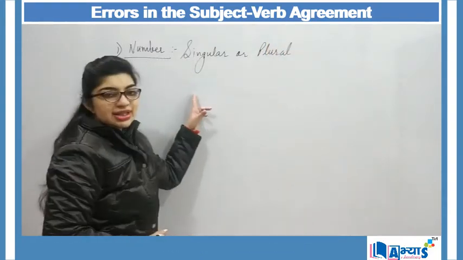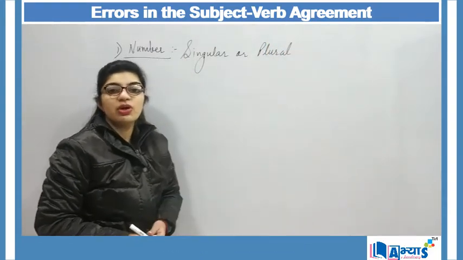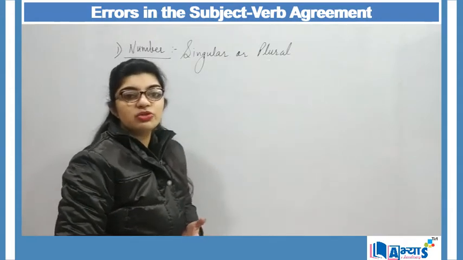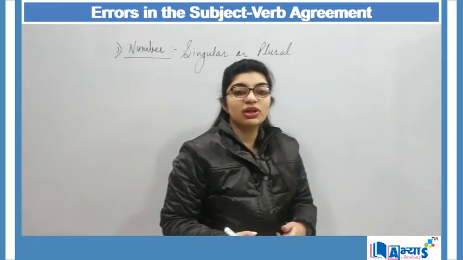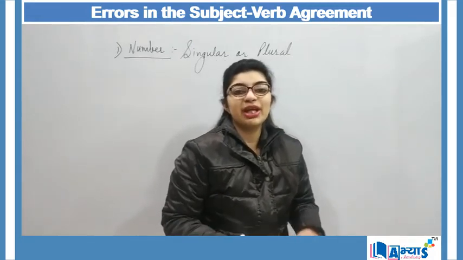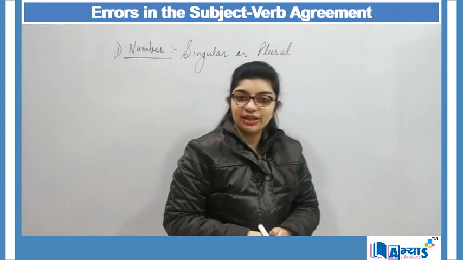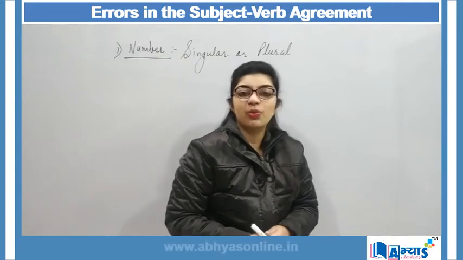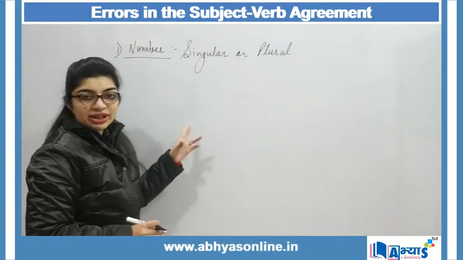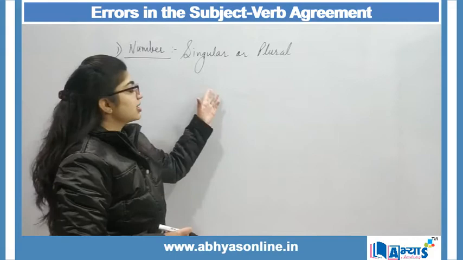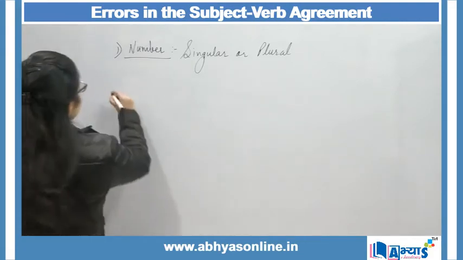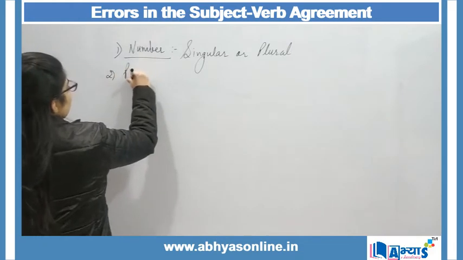If my subject is singular, then the verb used will also be singular, and if my subject is plural, then the verb used will also be plural. It is not like if the subject is singular, we can use a plural verb. That makes my entire sentence grammatically wrong, which means that there will be an error in my sentence. So this is first: with number, if my subject is singular, the verb also is supposed to be singular. Second is with respect to person.